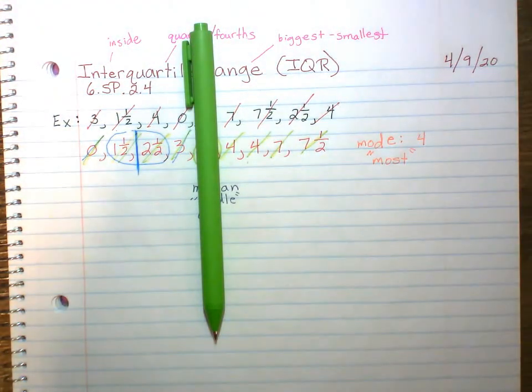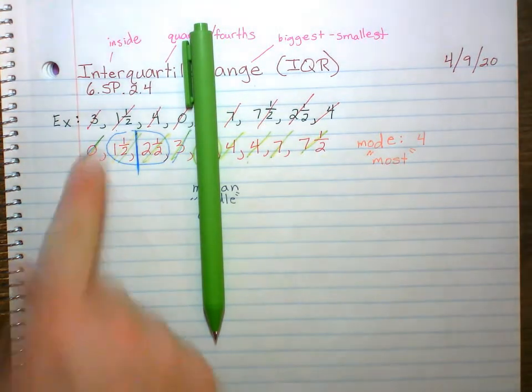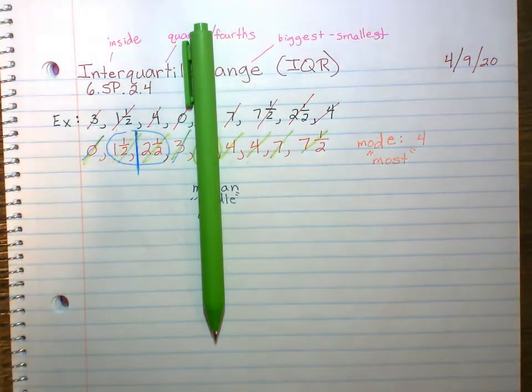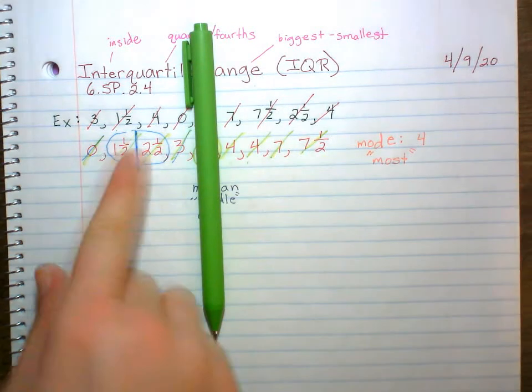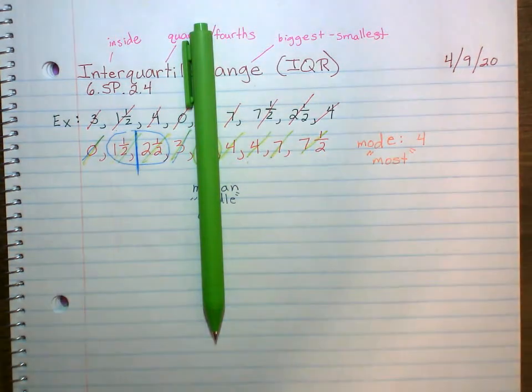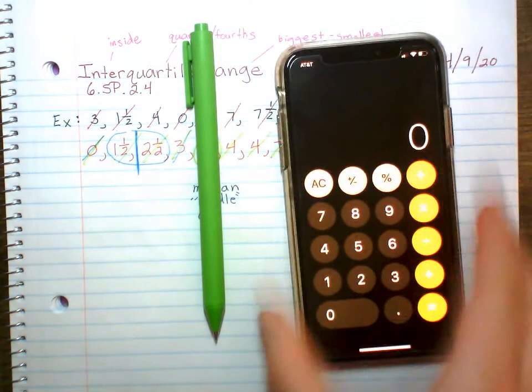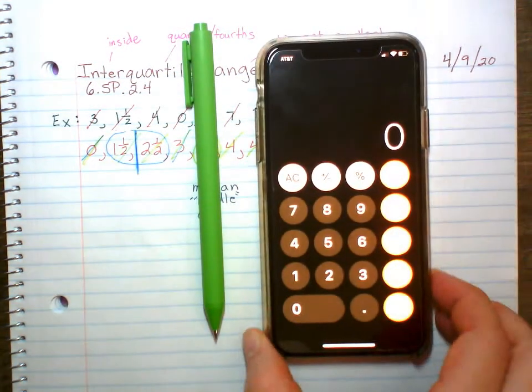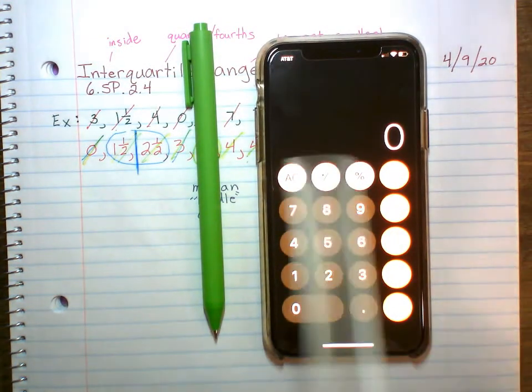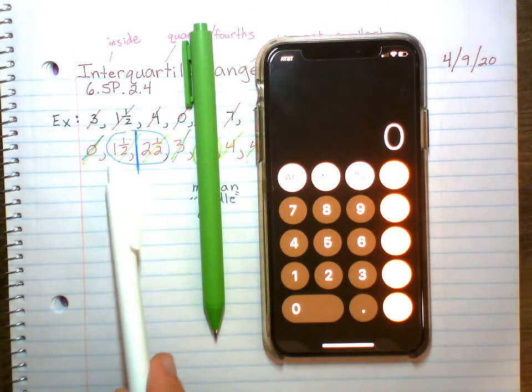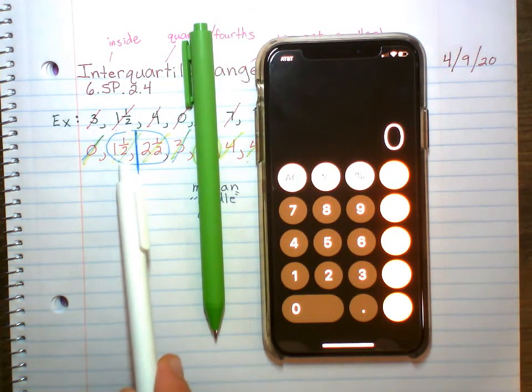If you don't know it, then you need to add the numbers together and divide by 2. If you have your calculator, you type them in with the calculator. I've been doing this on my phone since a lot of you guys have contacted me calculating things on your phone because you don't have a calculator. So I'm going to show you how to do it on your phone since we have fractions. Just remember, fractions are the same as decimals.